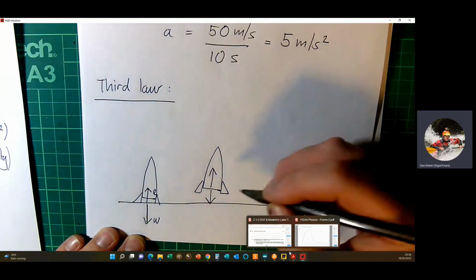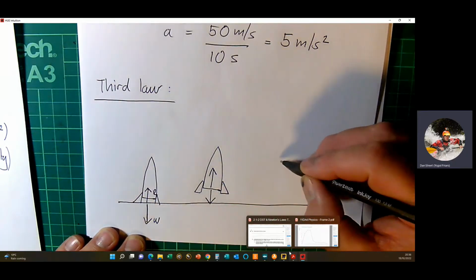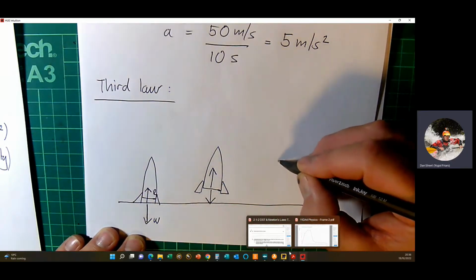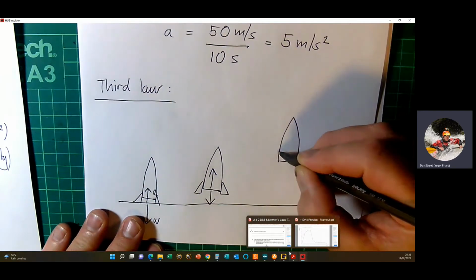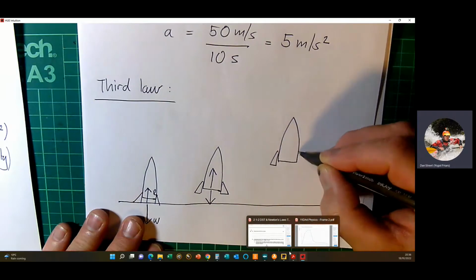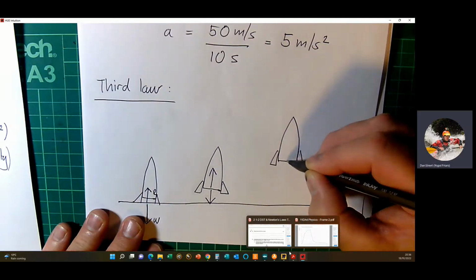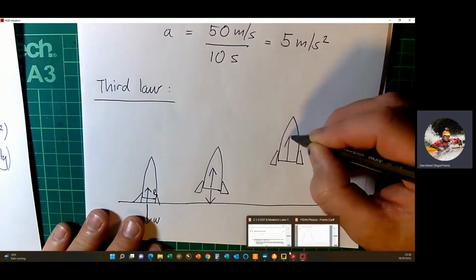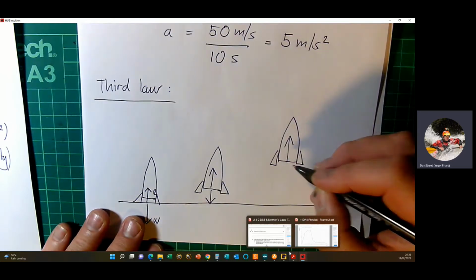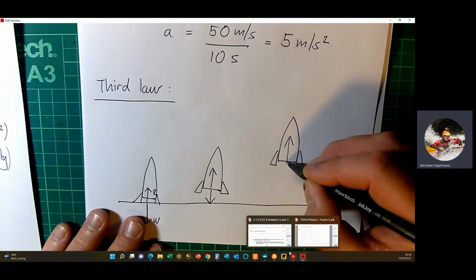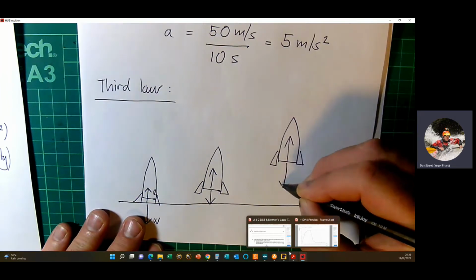As the rocket is in flight, we have to start worrying about air resistance again. The thrust of the rocket is pushing it forwards, or upwards rather, but air resistance, as the rocket gets faster and faster, much like the parachutist, becomes more and more significant.